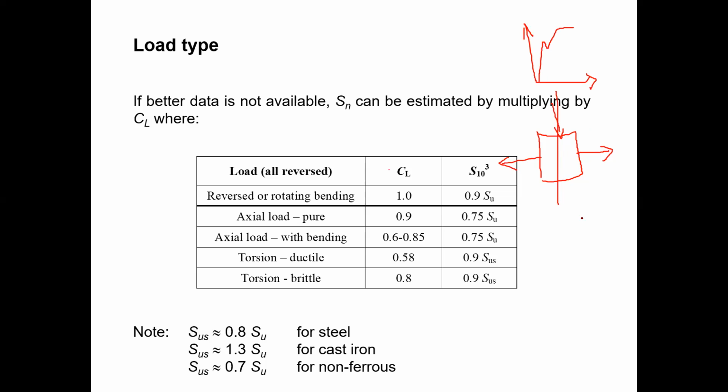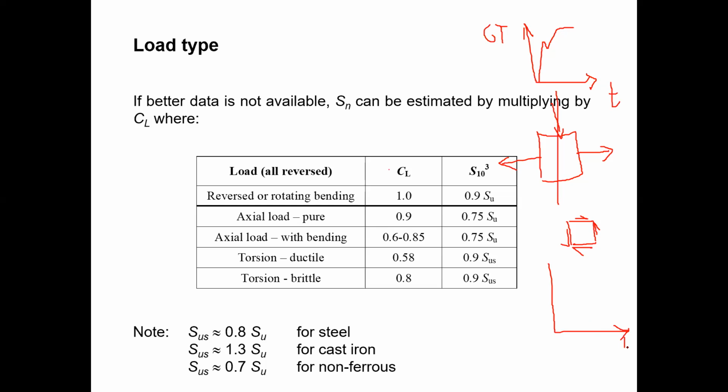But if an element is under shear force, it is applied on the surface like this. So we can't analyze this kind of nature with this kind of graph. This is the tensile load or bending load, stress against time.